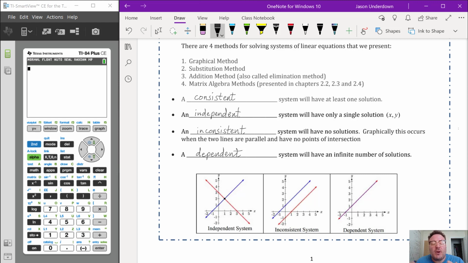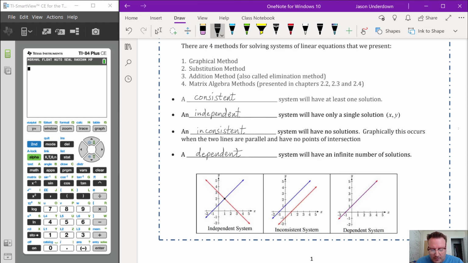In the case of a 2 by 2 system, that phrasing refers to 2 equations in 2 unknowns or variables like x and y. When we talk about an n by n system or a 3 by 4 system, a 3 by 4 system would refer to a system with 3 equations and 4 variables. We're mostly going to be concerned with 2 by 2 and 3 by 3 systems in this course.